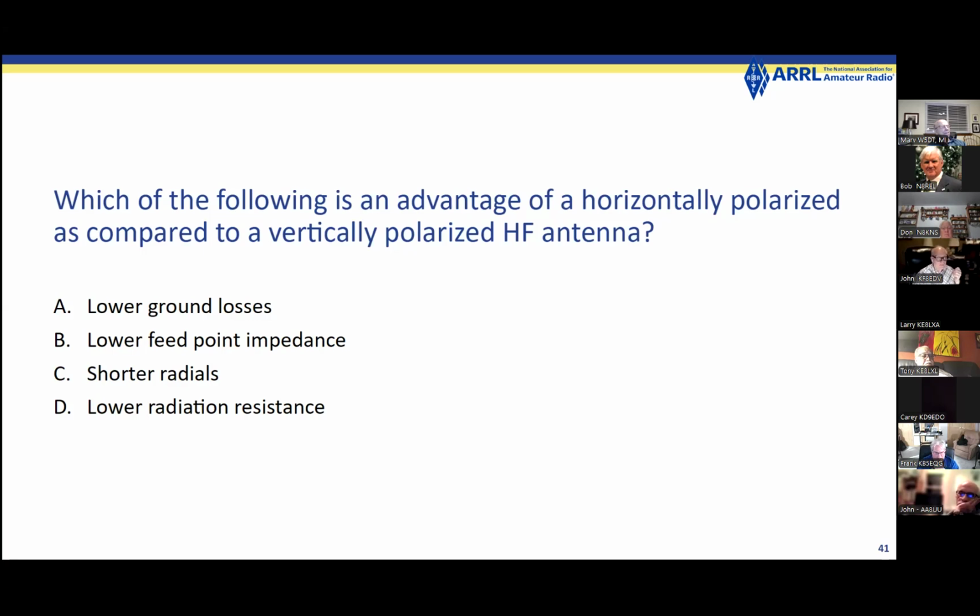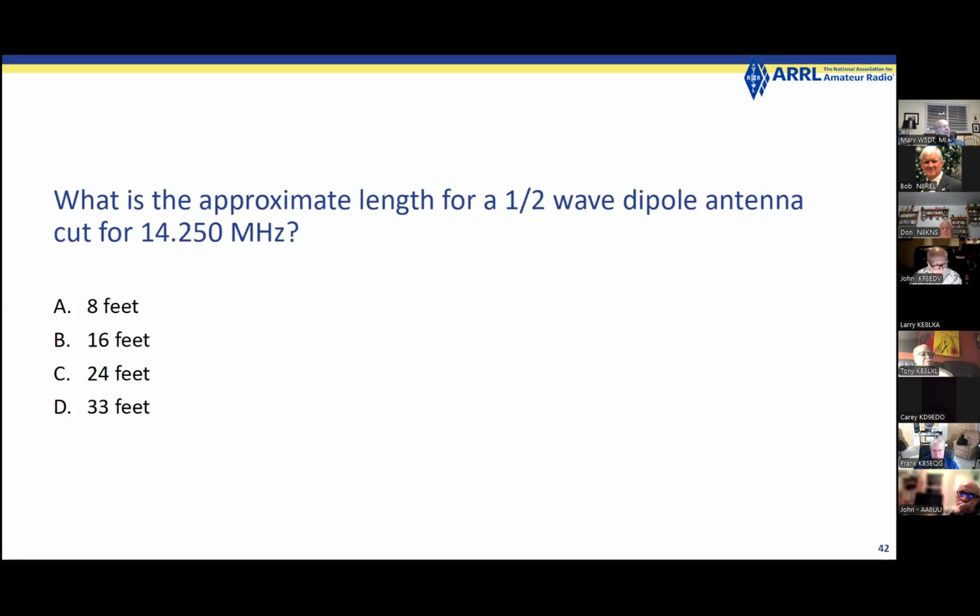I'll take a shot. A, Alpha. Yeah, lower ground losses. How about that? Lucky.